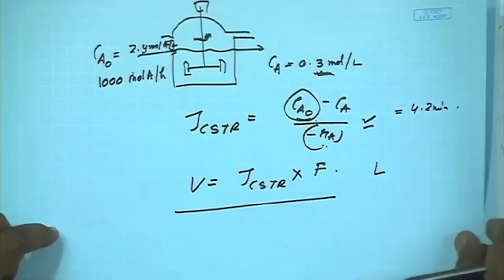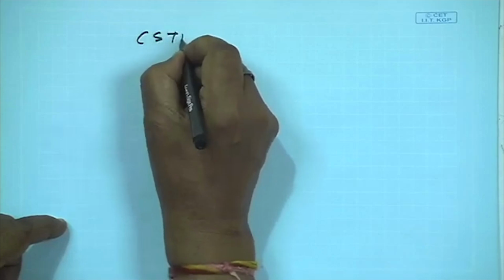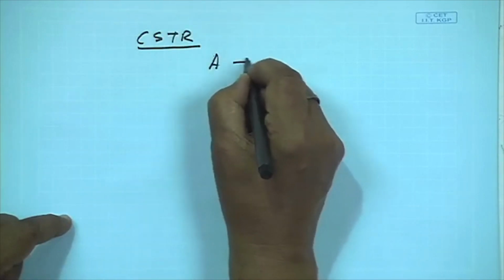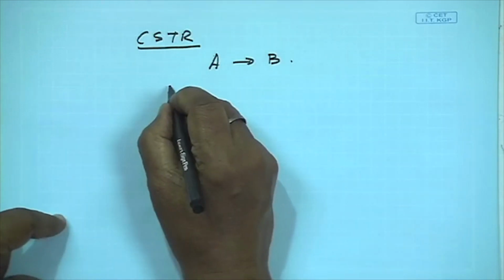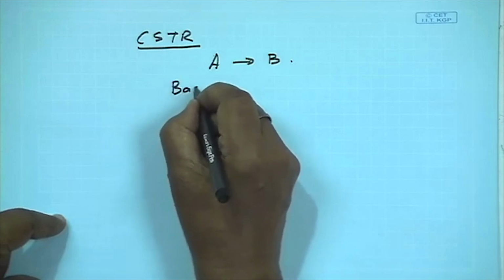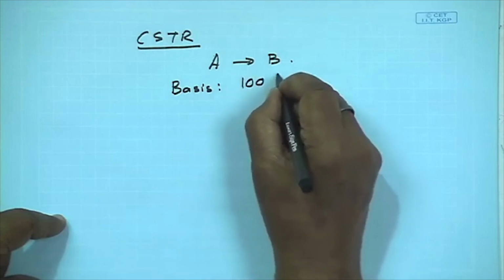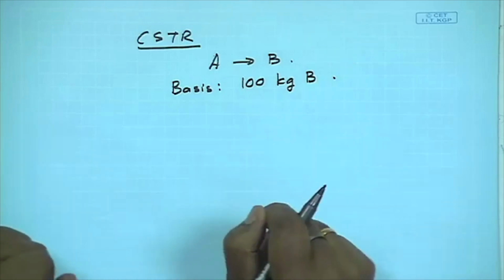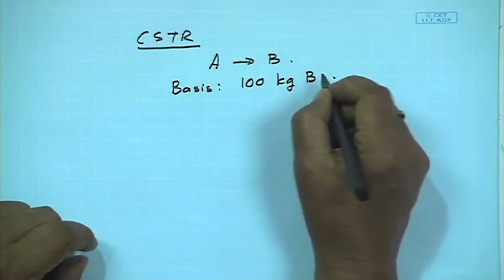Now, here I want to point out a couple of things. Suppose in case of CSTR, we want to convert A into B, and we want to produce, basis is, 100 kg B. Let us assume that 100 kg B means 1 kg of B moles.